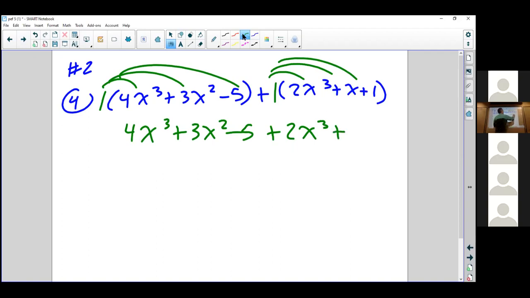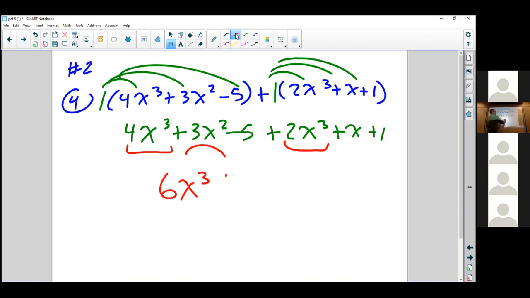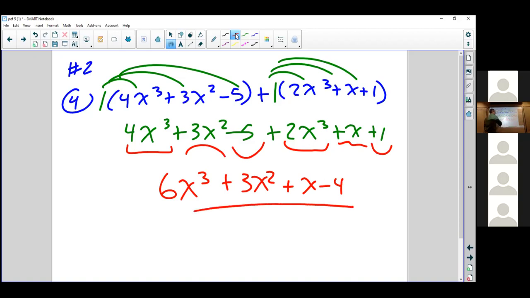None of the signs change because I'm just distributing a positive 1. And my highest exponent, I have to the third. So 4 plus 2 is 6. Remember, the exponents don't increase in size. And then I have plus 3x squared, plus x, and then minus 4. That whole thing's my answer.